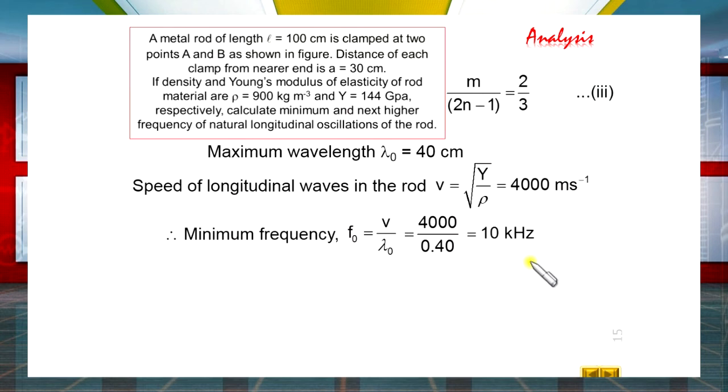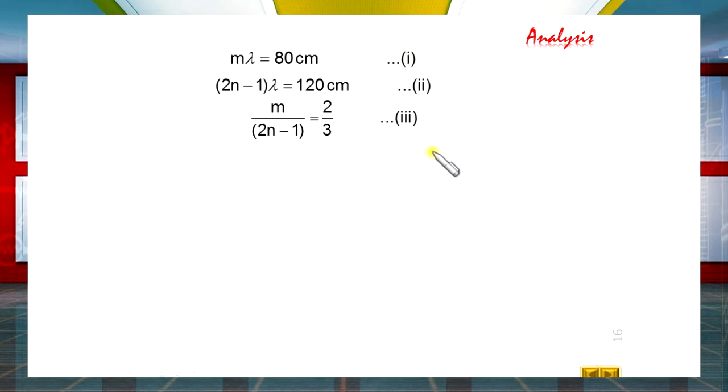Now let us move to calculate the next higher frequency. So let us write all three equation numbers 1, 2 and 3, right? Here we can say the next higher frequency will correspond to the next integer values of small m and n. Here we can observe the ratio m divided by 2n minus 1 equal to 2 by 3.